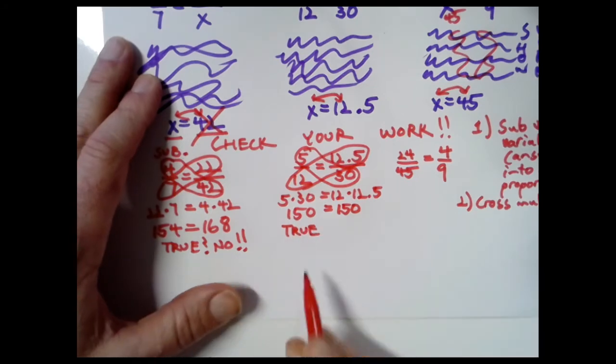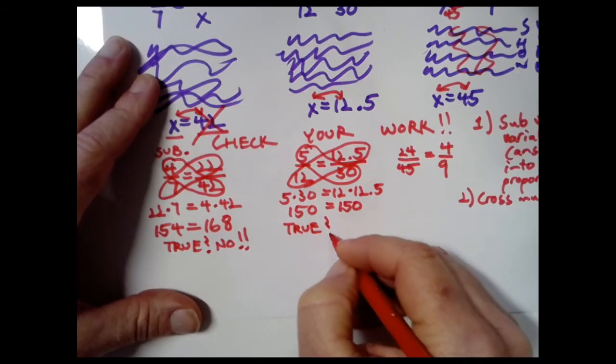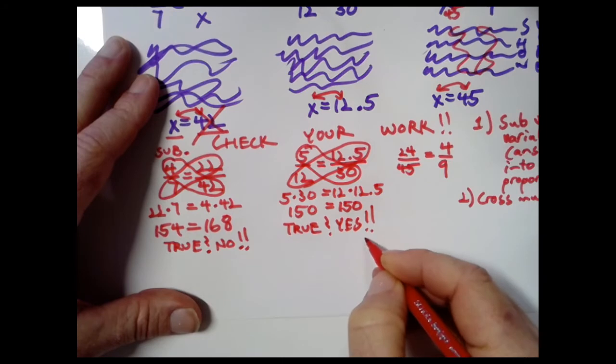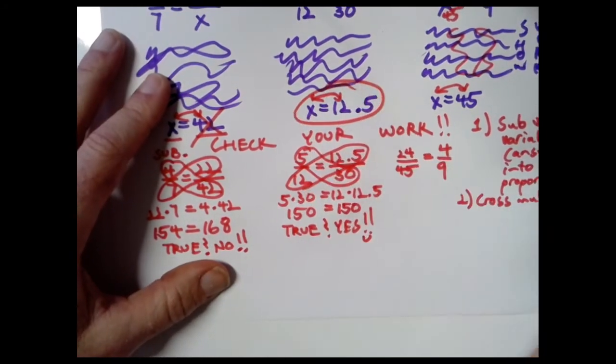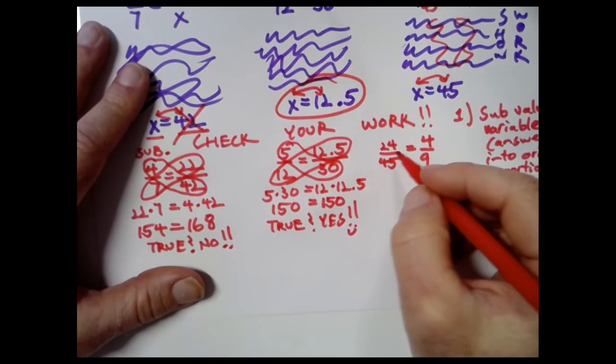So what we're looking for is the same number on the left and the right side of the equal sign. And if we get that, not only is it very satisfying, but it also means that we have a correct answer. That's nice. And finally, let's do this last one.